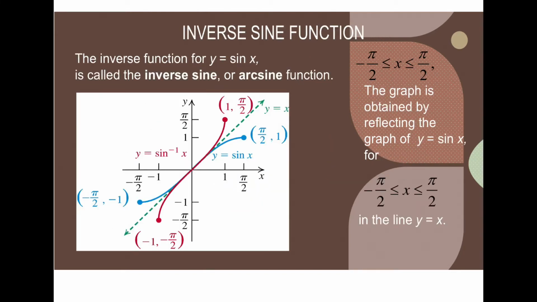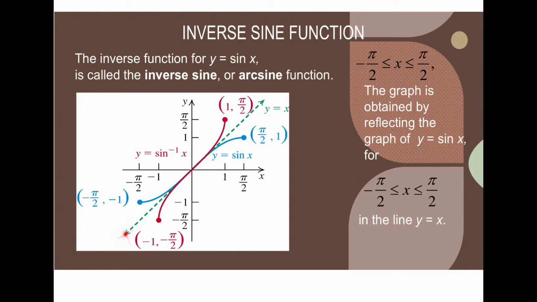The inverse function of y equals sine of x is called our inverse sine, or sometimes for short, the arcsine function. Remember that we limited the domain between negative pi over 2 and pi over 2, and we reflect this across the graph for y equal to x.